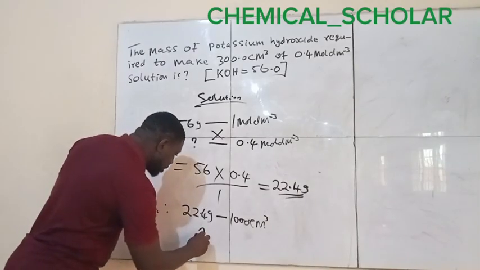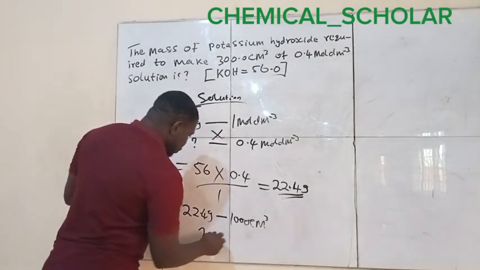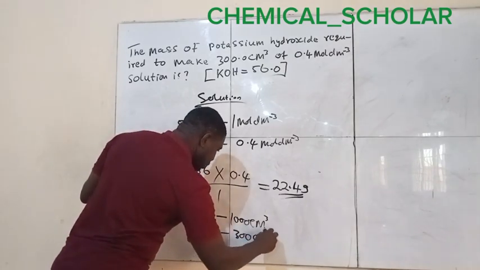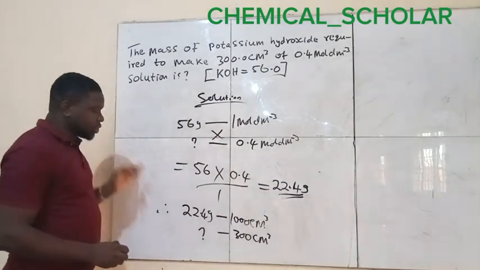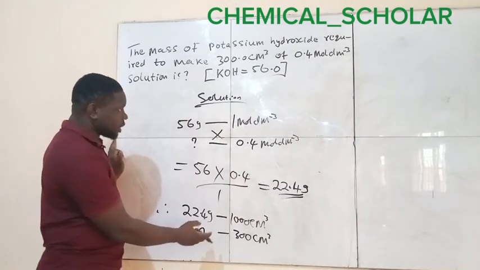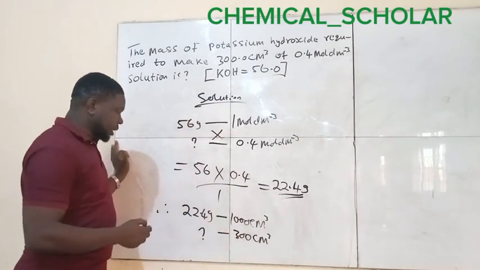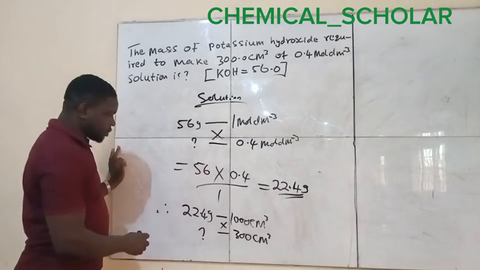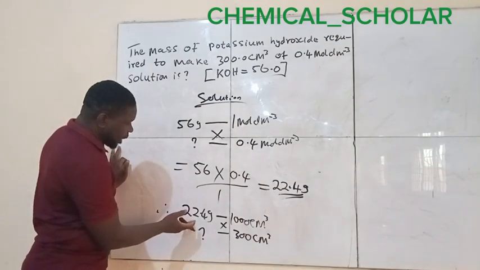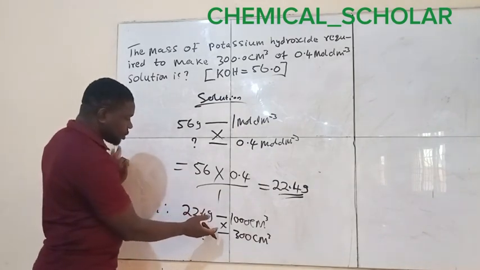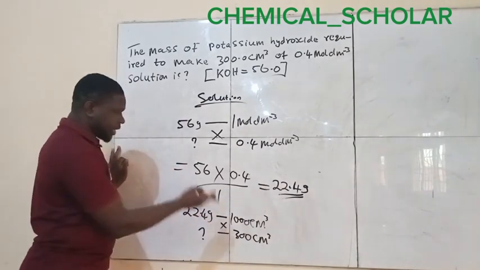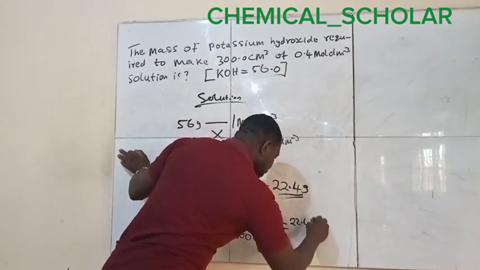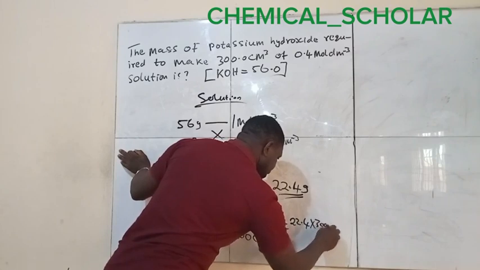Then how many grams will be dissolved in 300 cm³ to give us 0.4 mole per dm³? Then if you do that, we now cross multiply. So we now have 22.4 times 300 divided by 1000.